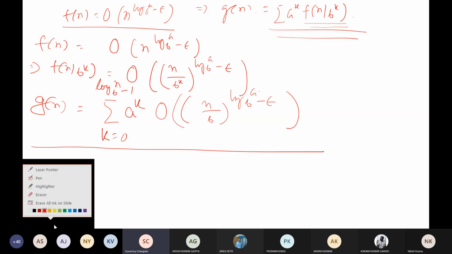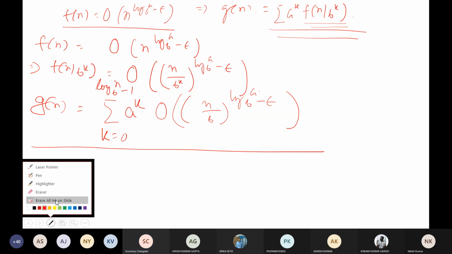So let us write it again from this one. What we have got: g(n) equals the sum, k equals 0 to log n base b minus 1, of a to the power k order of (n by b to the power k) to the power log a base b minus epsilon.